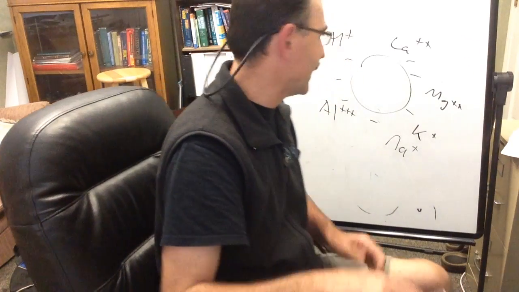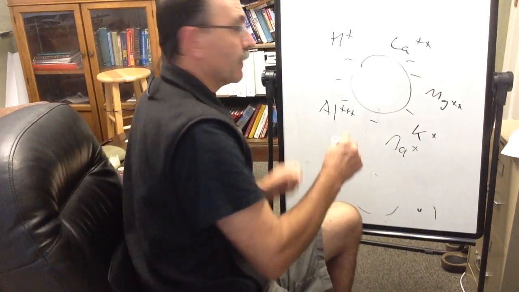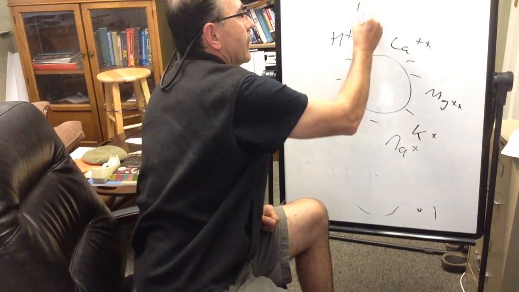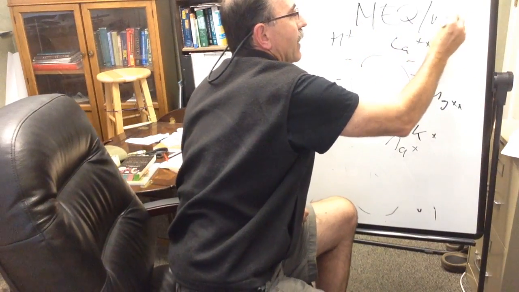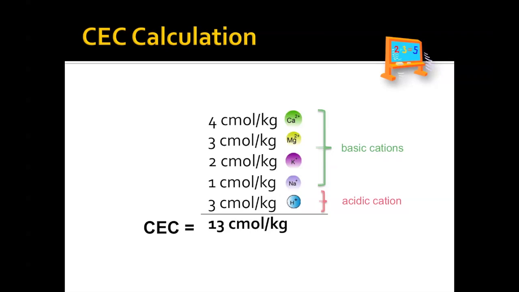But if you have a look at, say, something like Clemson, it always comes in meq. So let me write that down. It's going to be meq per 100 grams. Basically, cation exchange capacity is calculated in terms of moles, and it takes valence into account.